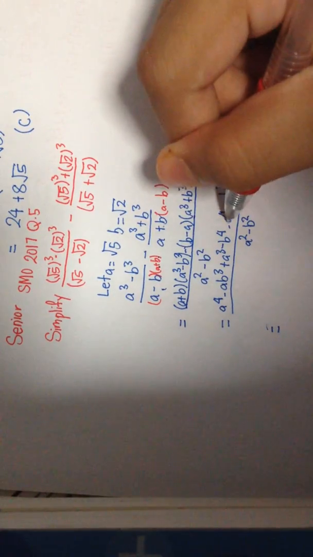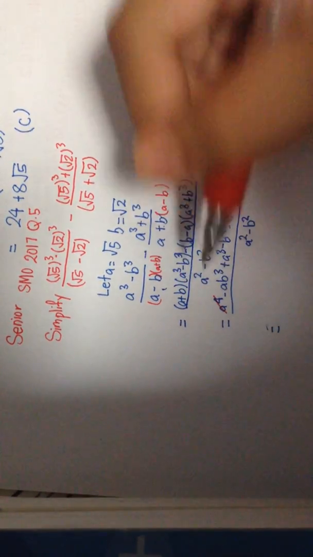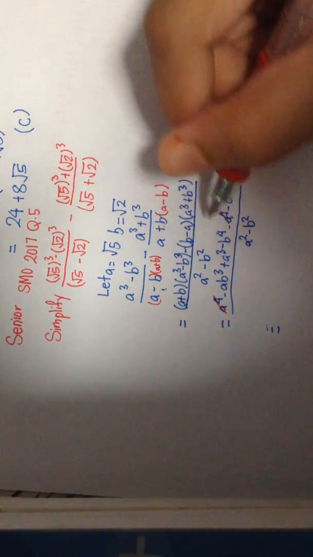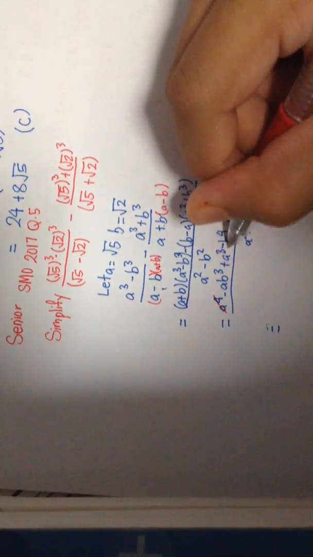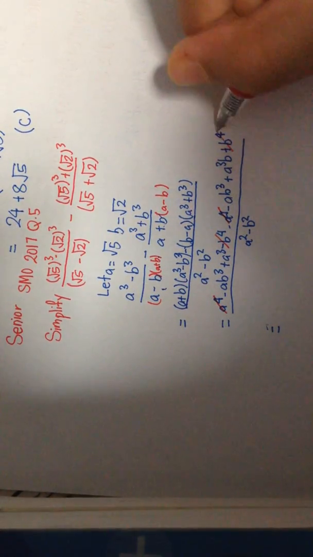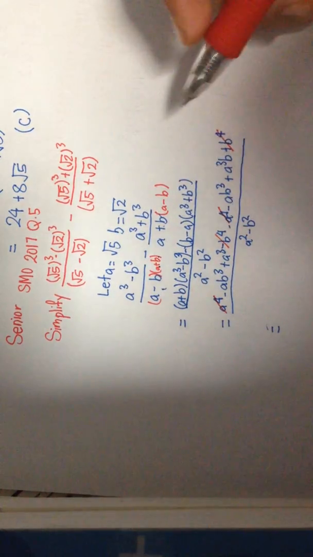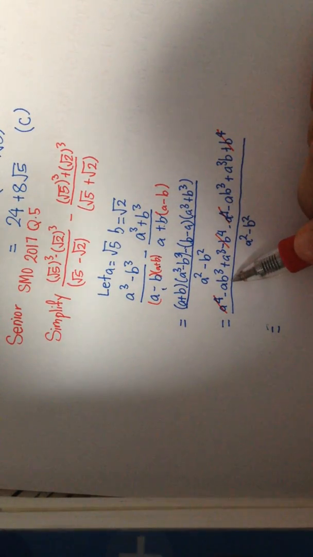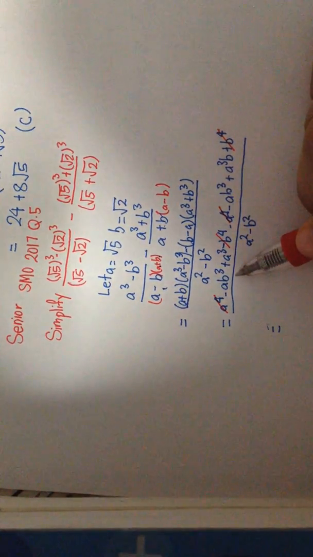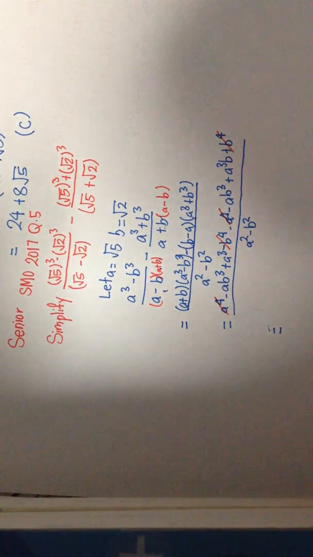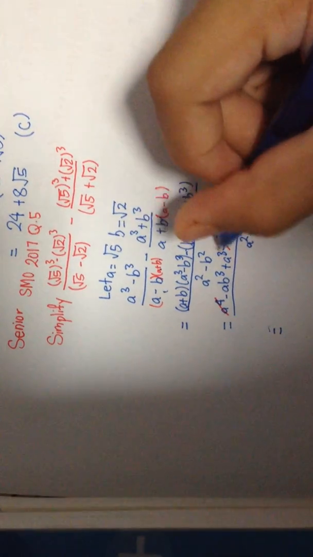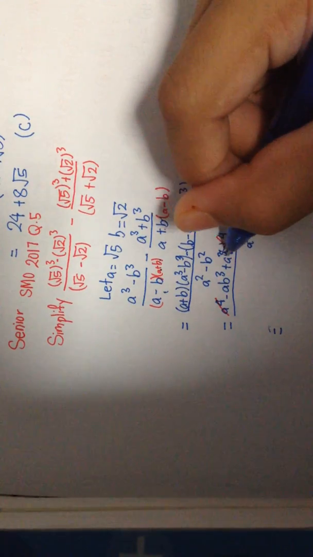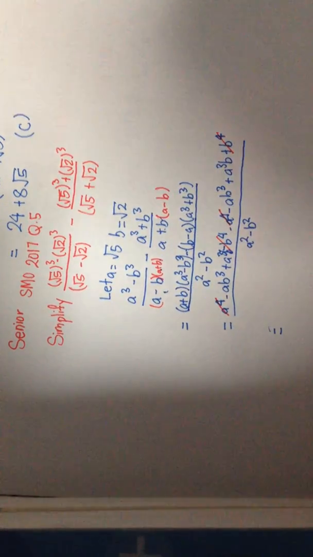This a to the power 4 minus a to the power 4 is actually 0, so I cancel this out. Negative b plus b here, so I also cancel this out. Okay, now I am left with, well, oh, sorry, I forgot one more thing. This is actually negative a cubed b, sorry, my bad.